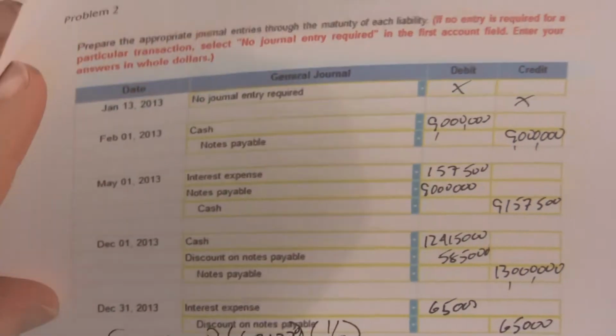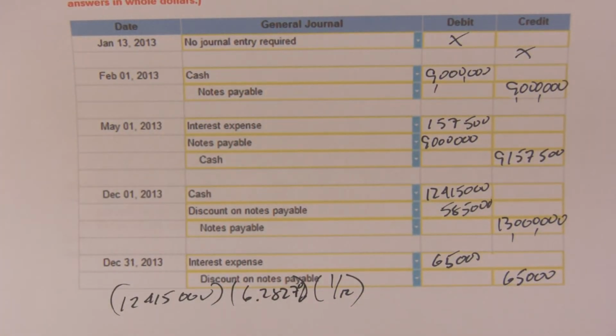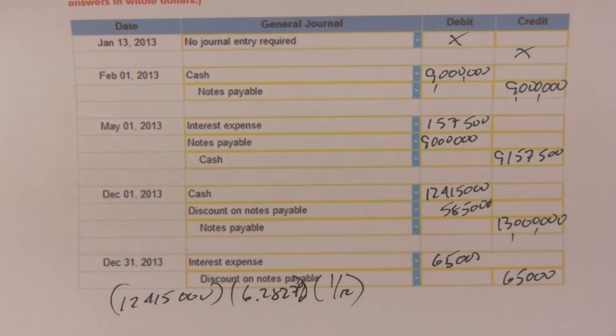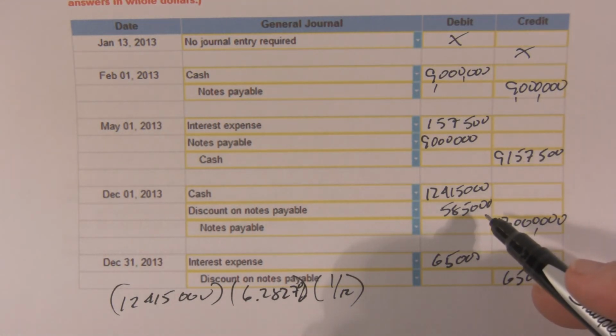So that's the problem. Then it asks us to do the interest expense for the following year and the journal entries through the maturity. Well, the interest expense for the following year is pretty straightforward. You take the discount, and we already counted 65 of it, so 520 is next year's.